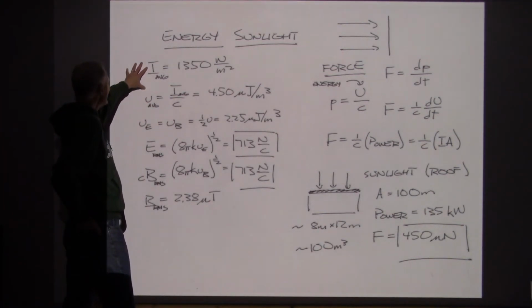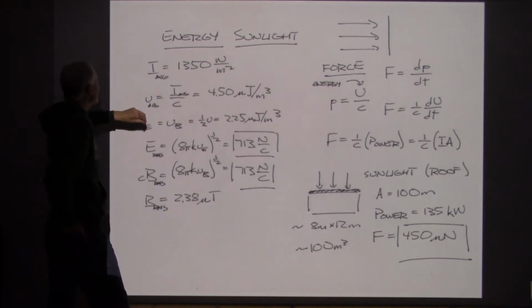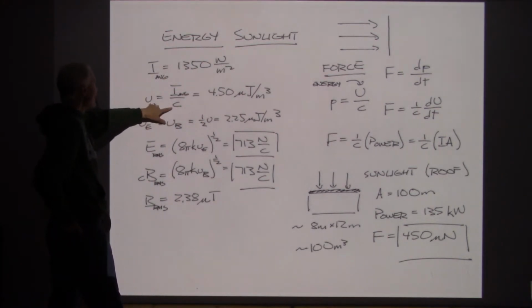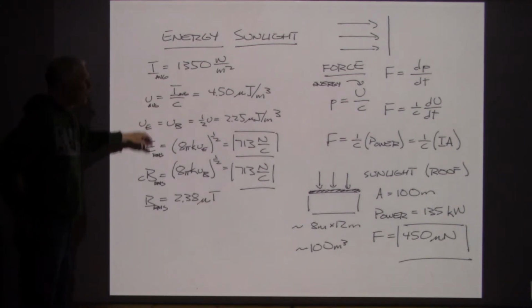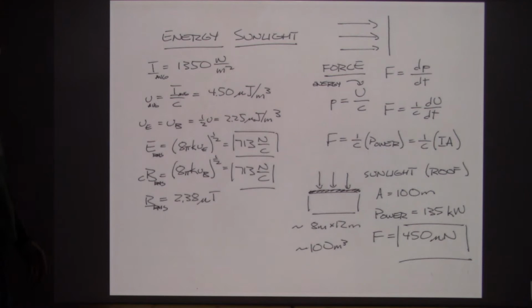Now the intensity coming in needs to be treated as an average value, 1,350 watts per square meter. I can pretty quickly divide that through by c, and that's going to give me an average value for the energy density. Now, everything we do here is going to be in averages and RMSs.